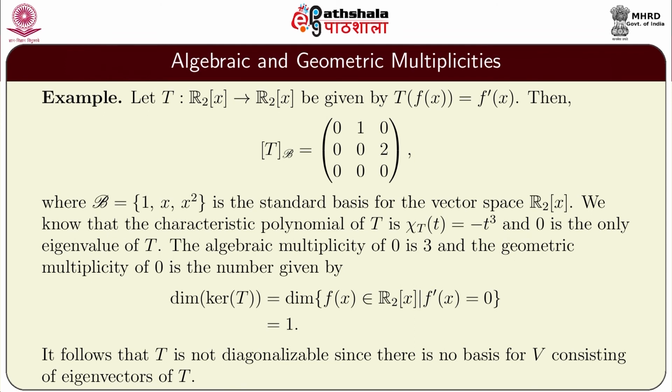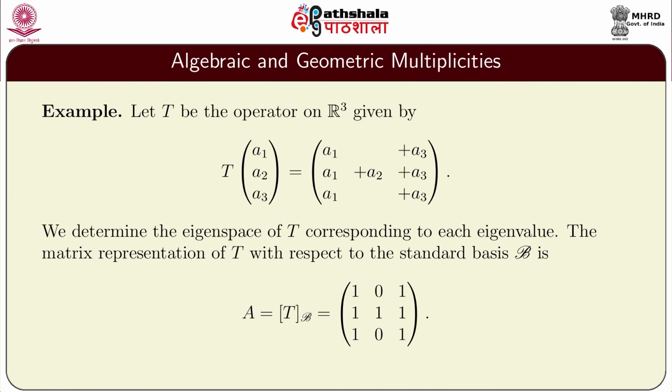So, we see that the geometric multiplicity of this eigenvalue 0 is 1, which is strictly less than the algebraic multiplicity, which is 3. Therefore, T is not diagonalizable, since there is no basis for V consisting of eigenvectors of T. One more example.